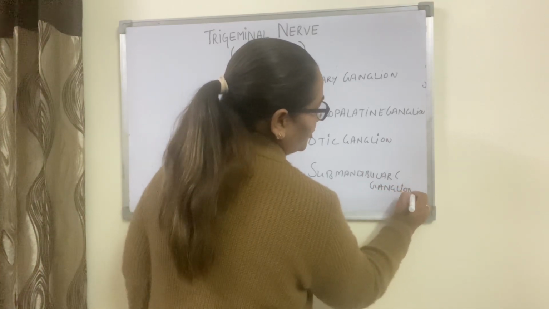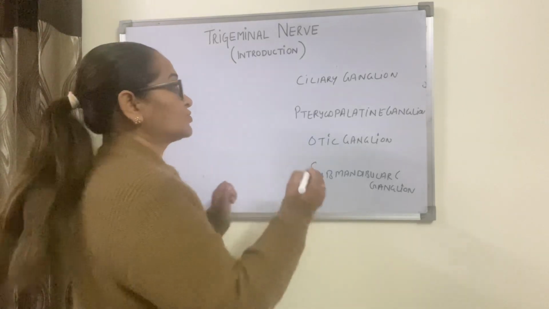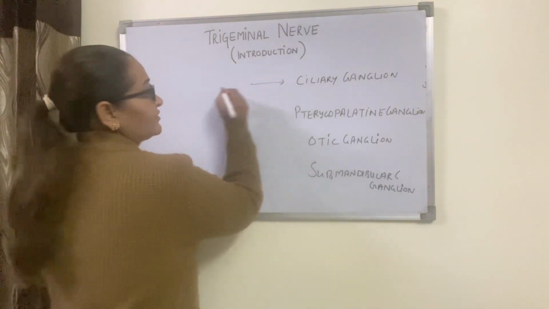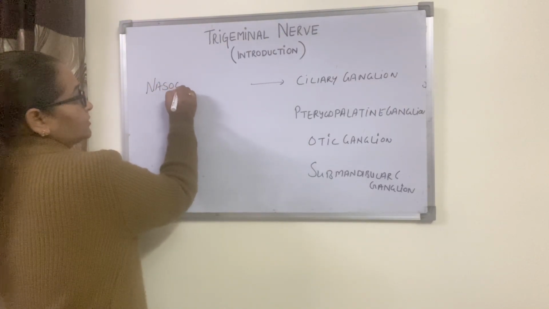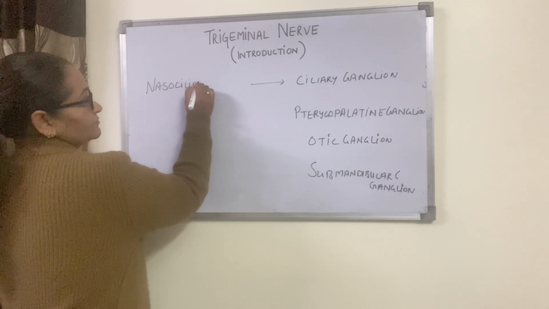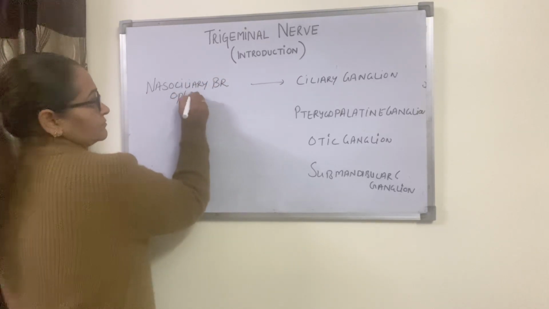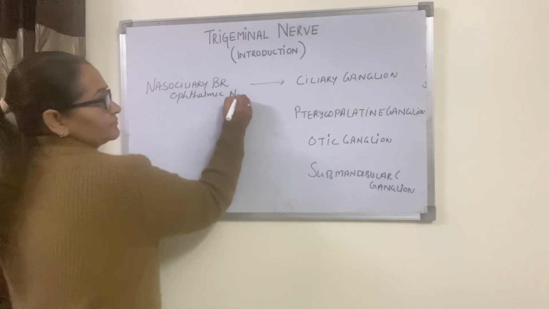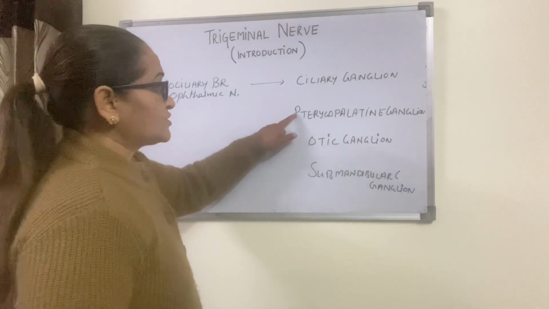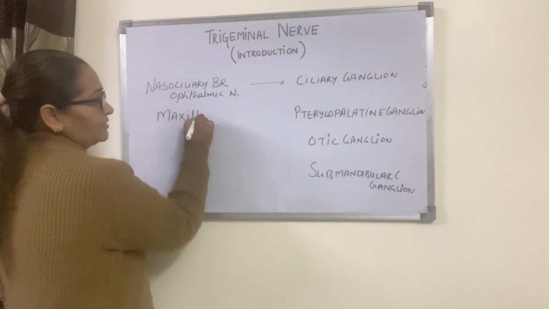As I have told you, these ganglia are related with the branches of the trigeminal nerve. So this ciliary ganglion is related with the nasociliary branch of the ophthalmic division of trigeminal. Clear? Now this pterygopalatine ganglion is related with the maxillary division of trigeminal.